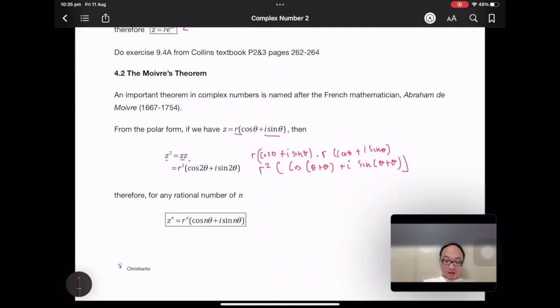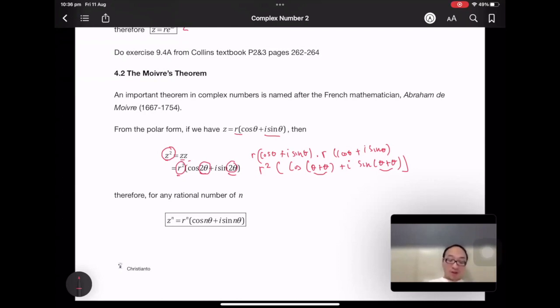So that's why we can write it as r squared (cos theta plus theta becomes cos 2 theta, and i sin theta plus theta becomes i sin 2 theta). So from this example, we can see that if we have z squared, this equals r squared (cos 2 theta plus i sin 2 theta).